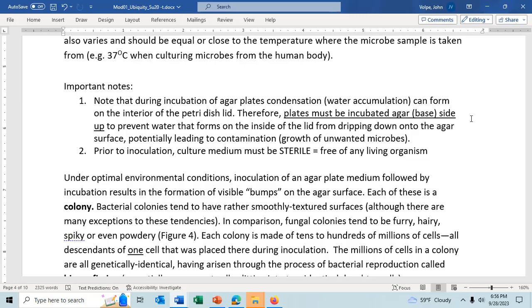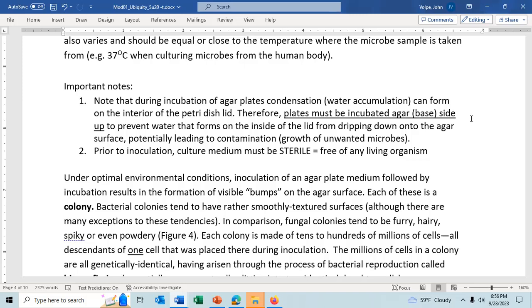And if water were to come out of the agar, it would form on the agar, and the agar would wick the water around, so it would never form a drop. And even if it were to drop on the lid, who cares? We don't have microorganisms growing on the lid. Any question about any of them?